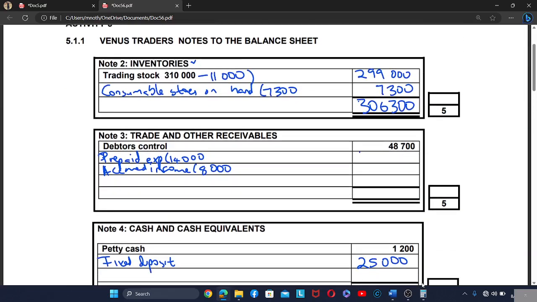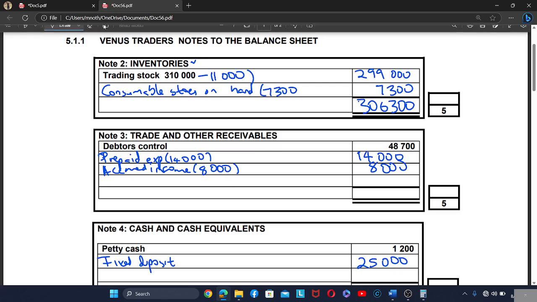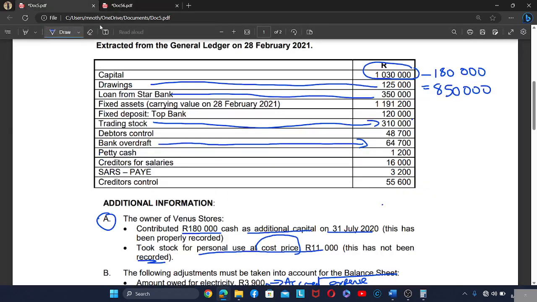The next one, it is the trade in other receivables. So prepaid expense, it is the 14,000, and then accrued income 8,000. So you can see that here in the trial balance, we don't have the accrued expense and we don't have the accrued income and the prepaid expense.